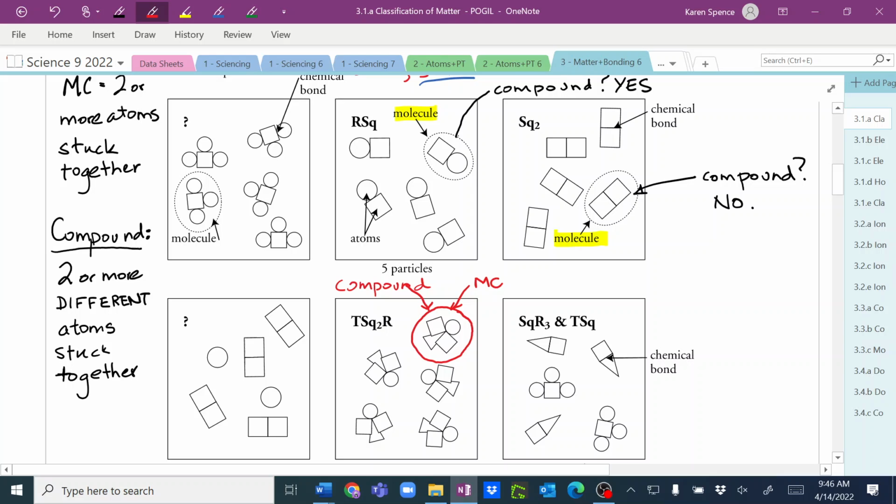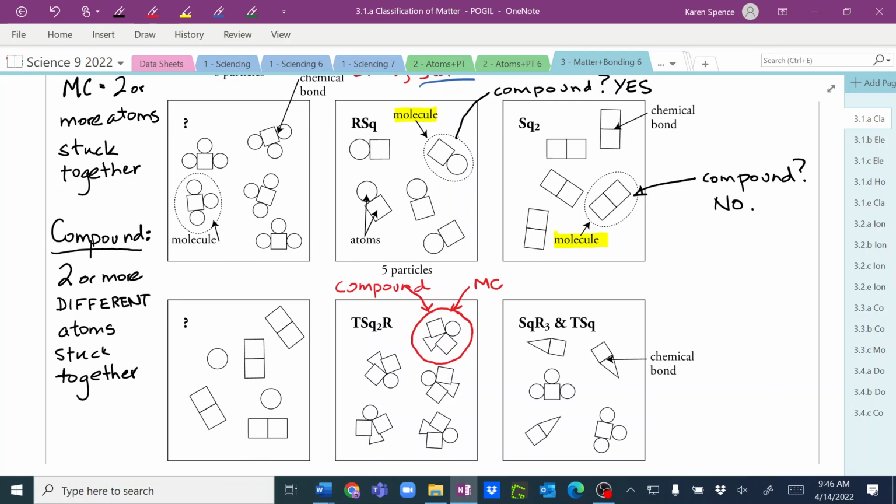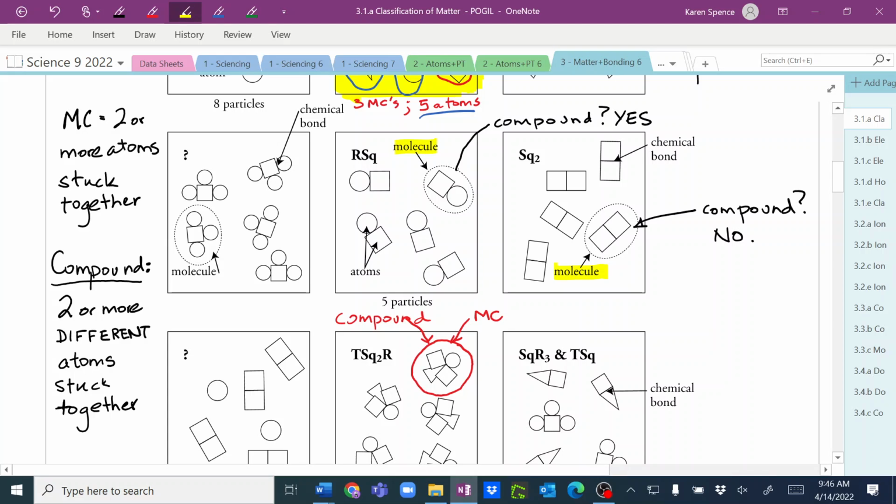Okay, and let's see, what else have we done here? If SQ2, that's the one that's over here, is not a compound, what is it? It's a molecule, but it's not a molecule of a compound, it's a molecule of, what do you call it when all the atoms are the same type?